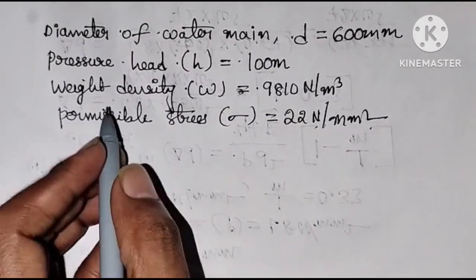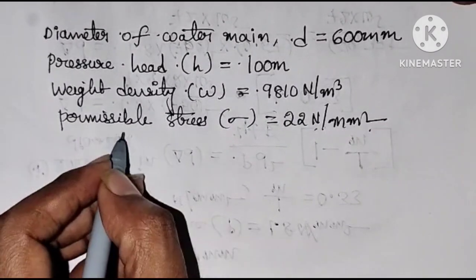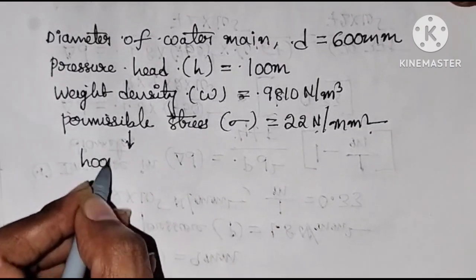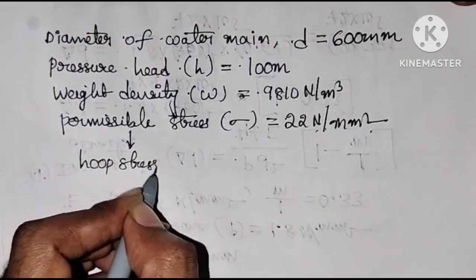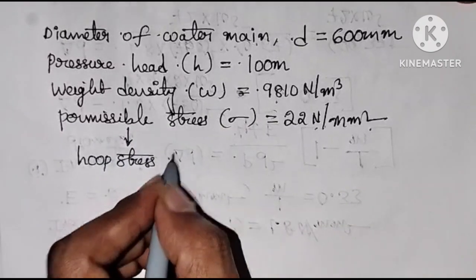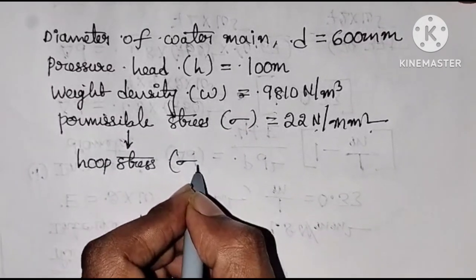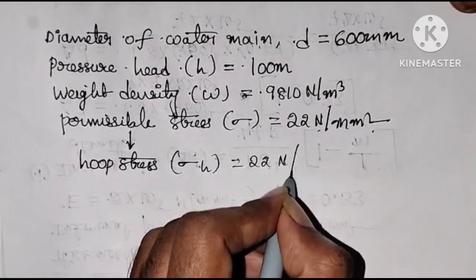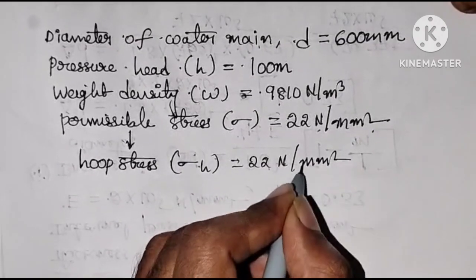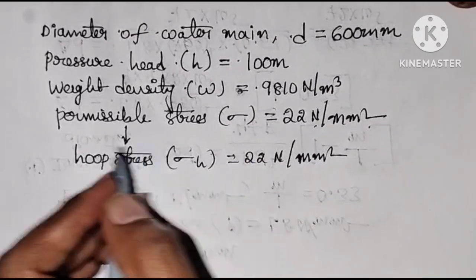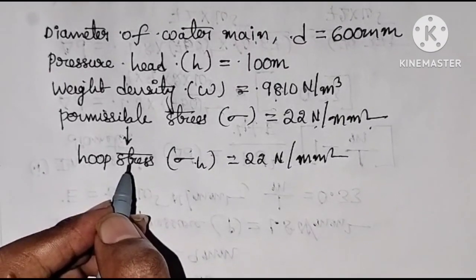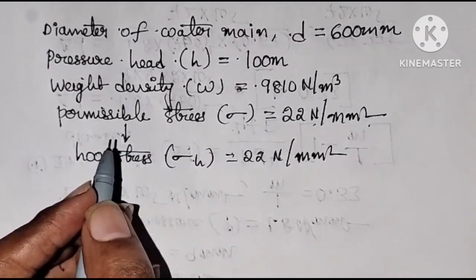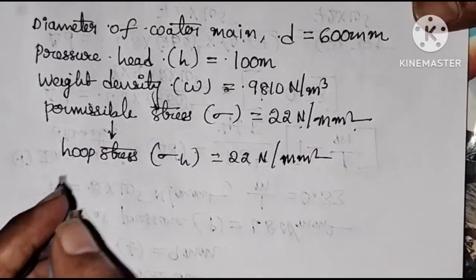In case of thin cylinders, the permissible stress is the hoop stress, or circumferential stress. So sigma H is equal to 22 Newton per mm square. For such pressure conditions we consider hoop stress. So this is a thin cylinder problem, because a water main is generally made up of thin cylinders.